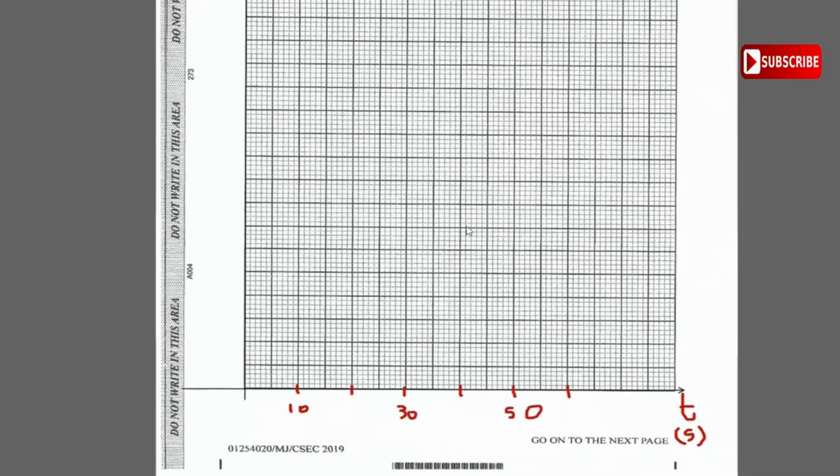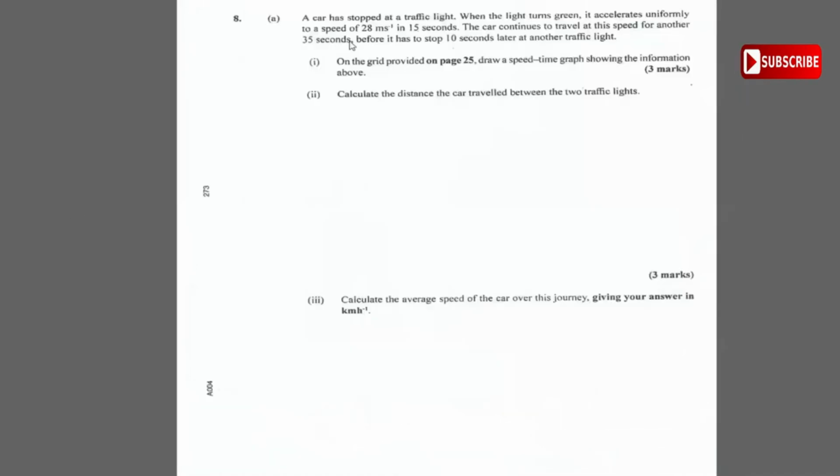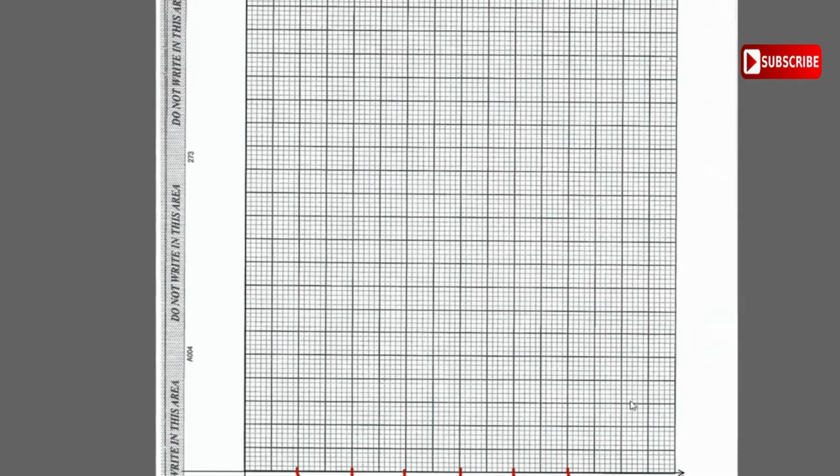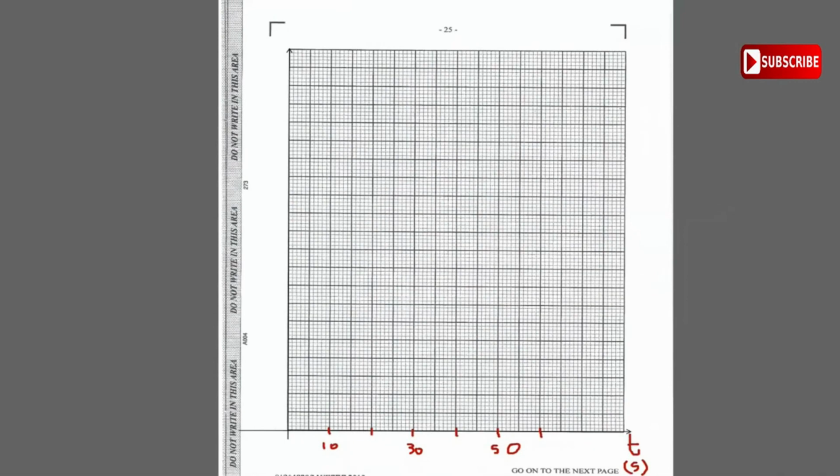Then on the Y now, what's the highest speed it goes up to? It tells us that it accelerates up to 28 meters per second. All right, so the Y-axis, I don't know where you want to put 28, but I would want to put 28 somewhere. Let's say this is 5, 10, 15, 20, 25, 30.